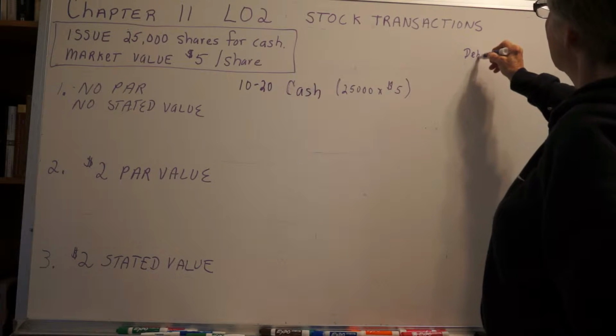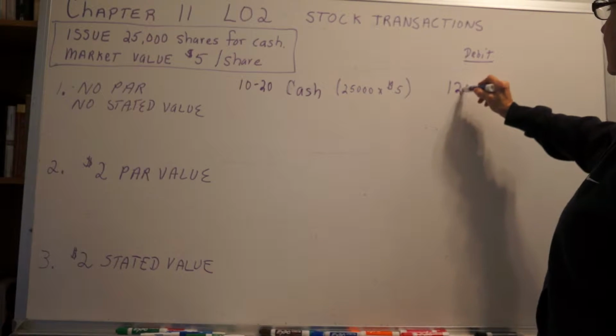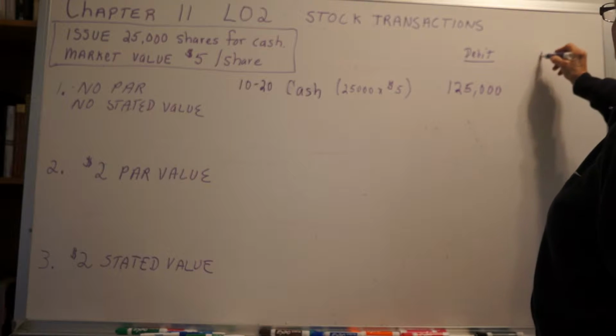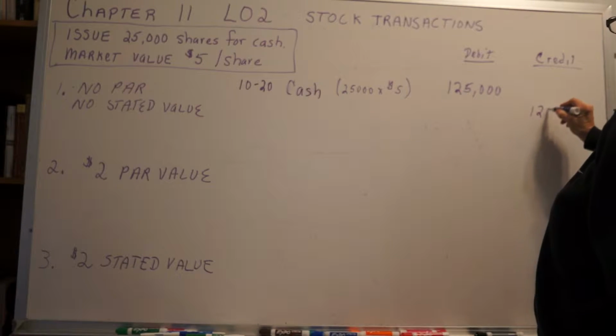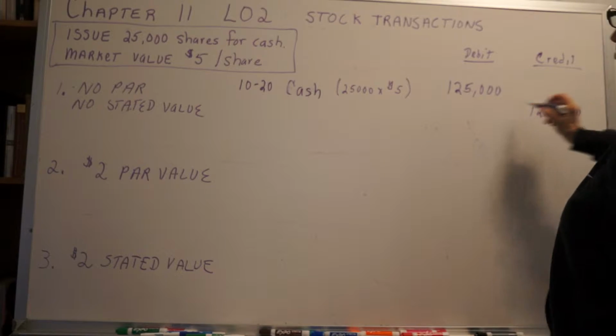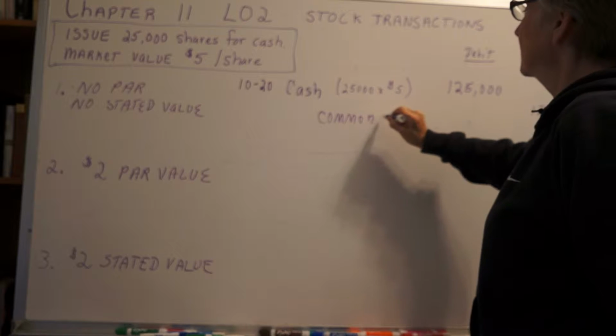So our debit is to cash for 125,000. And we also have a credit, simply to common stock, because there's no par or stated value.